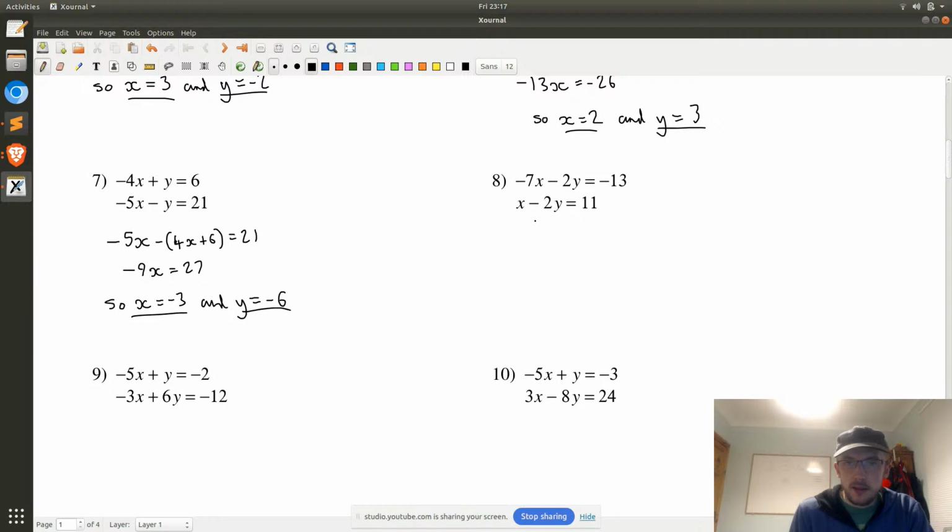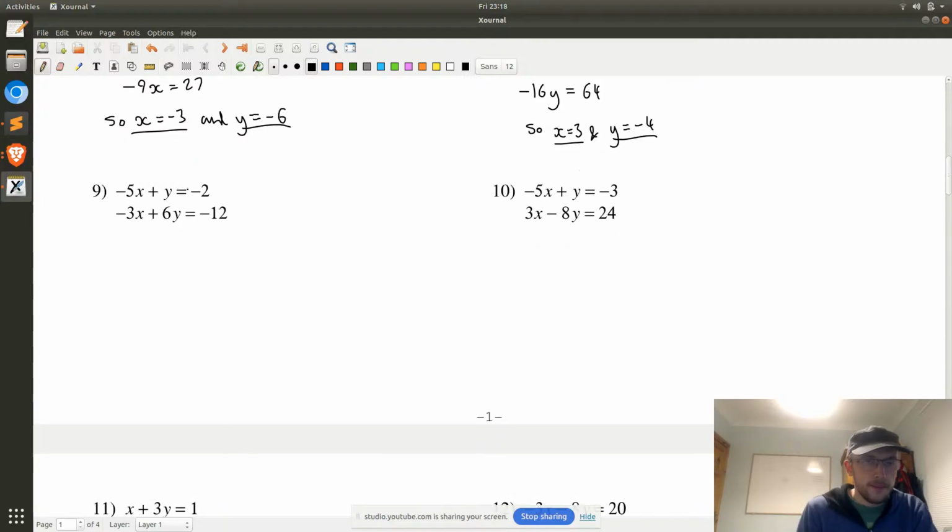All right, so here x is 2y plus 11. So that means y is -4, and x must be 3.